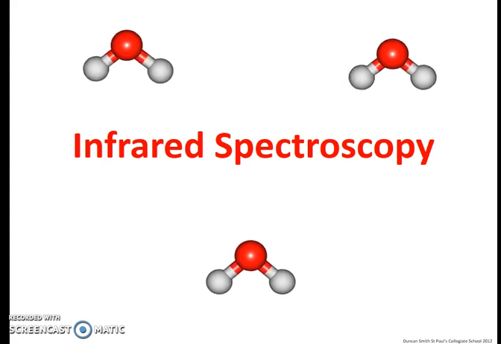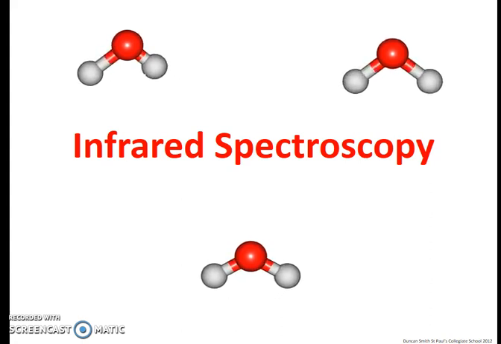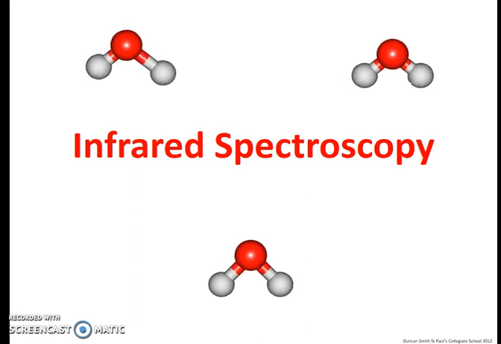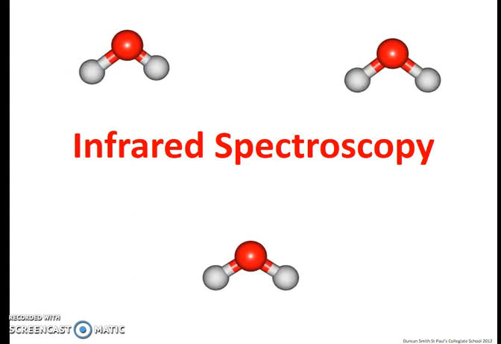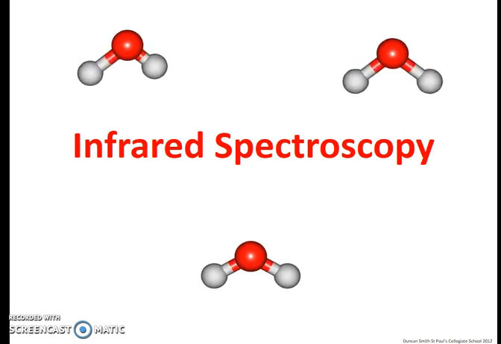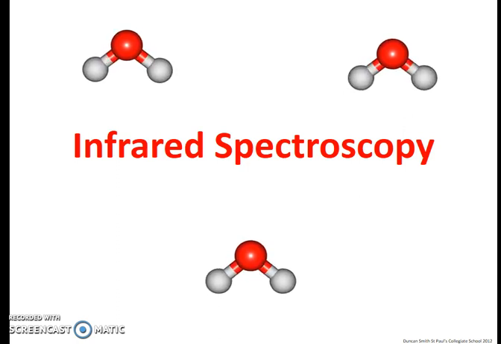Now, infrared spectroscopy is a really interesting technique, and it is based on the premise that all covalent bonds vibrate, rotate, flex, stretch, bend, etc. And each bond does that at a unique frequency.